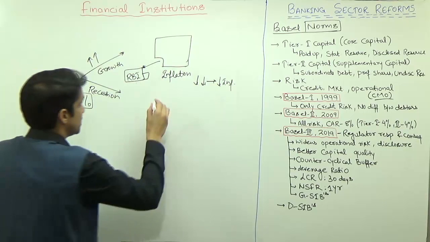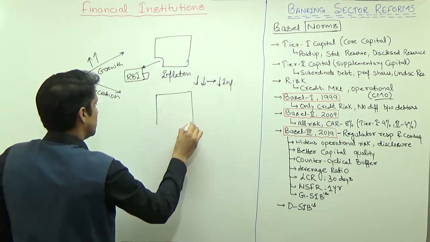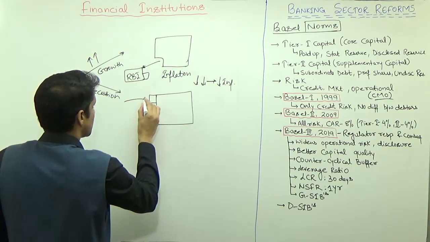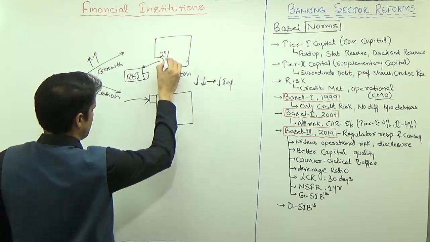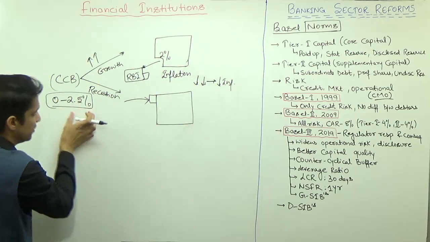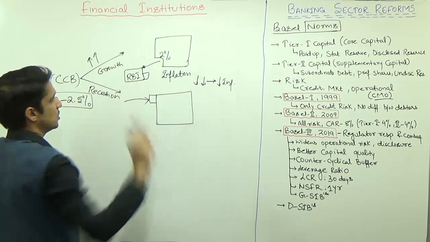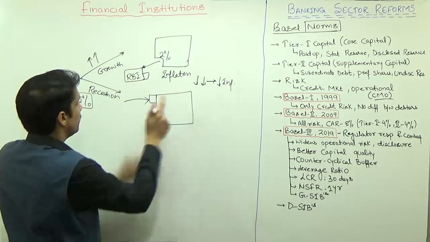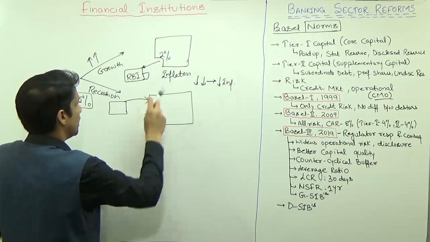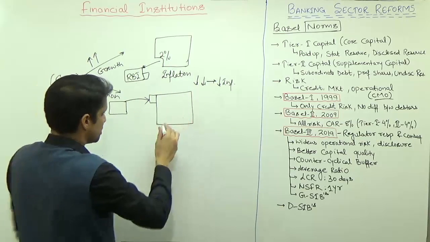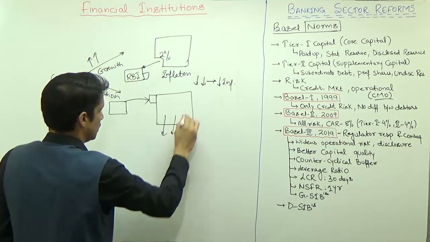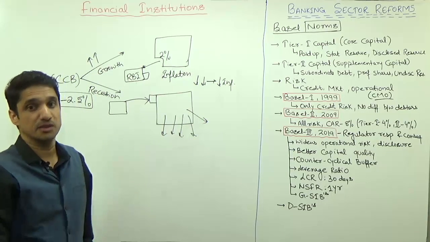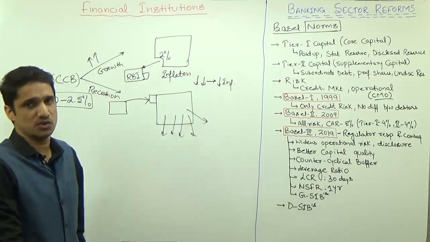And whenever there is a recession in the economy, in case of recession, you need extra money. So that extra 2%, this 2% suppose was the value, the maximum can be 2.5. But suppose RBI said for India it is 2% for this year. So this extra 2% will be released by RBI, and that can be used at the time of recession, because at the time of recession you have to increase the lending so as to increase the demand, so as to increase the purchasing power of the society.